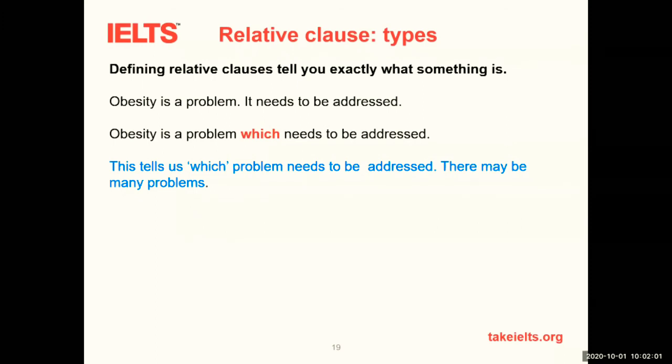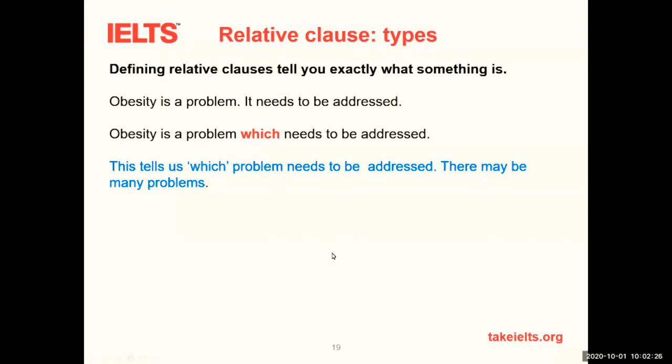Obesity is a problem, and it needs to be addressed. We can put those together and say obesity is a problem which needs to be addressed. So this tells us which problem needs to be addressed. There may be many problems, but we're defining obesity as the problem that needs to be addressed.